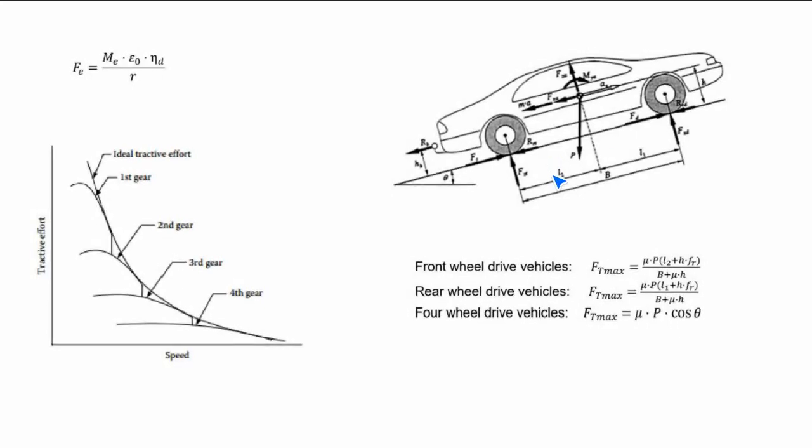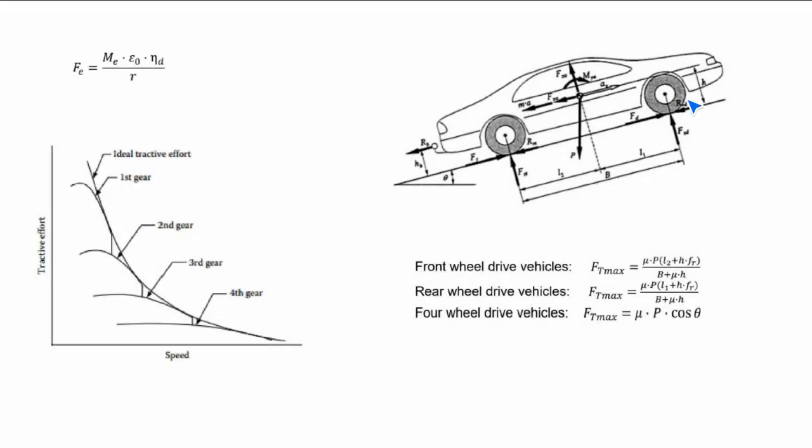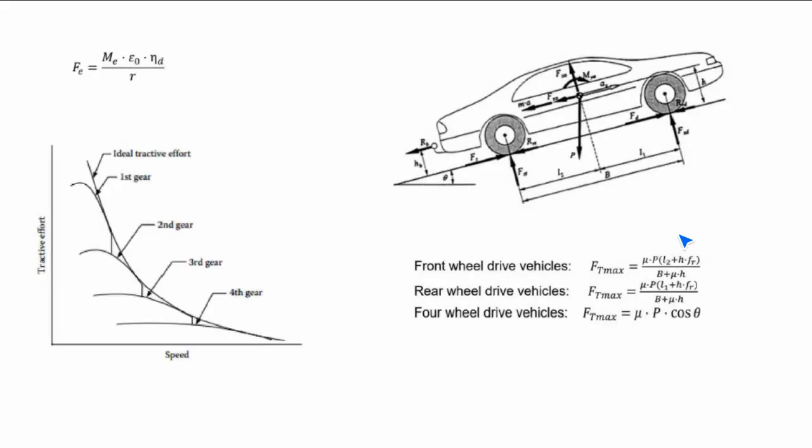After applying the equilibrium equation in only the longitudinal direction, the maximum traction effort is calculated using this equation. This is important for us, but we cannot calculate it in your midterm project. It is just knowledge.